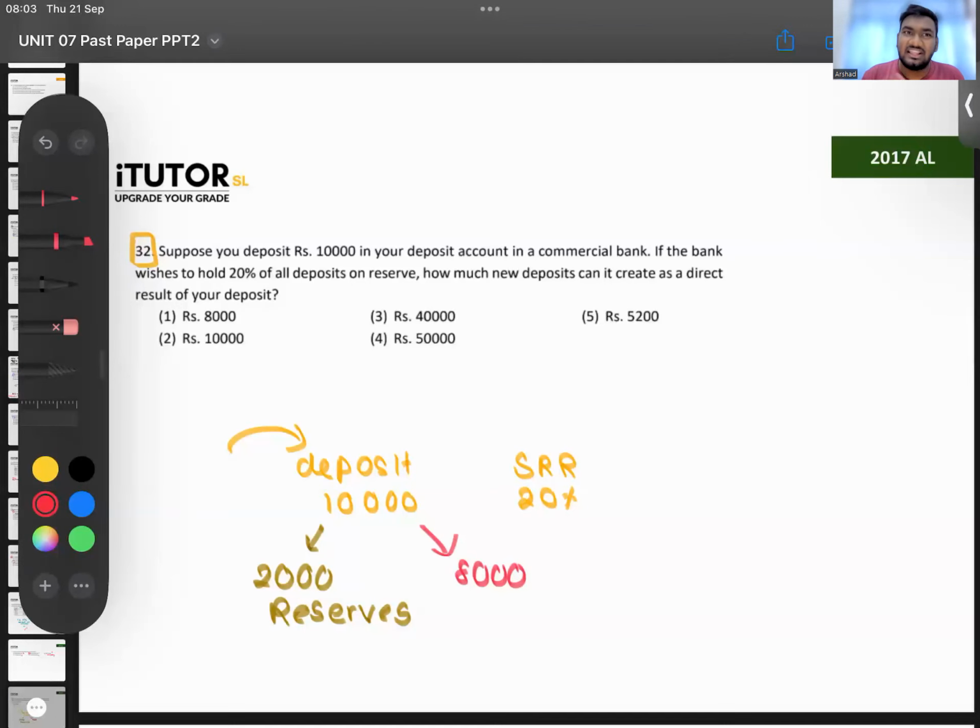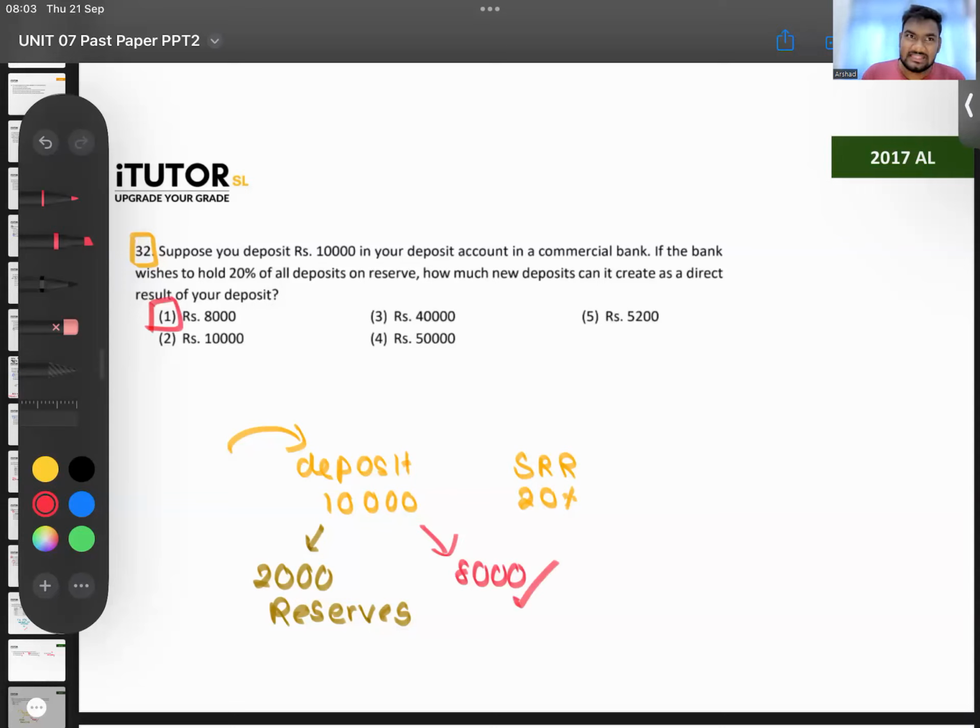They can give out that 8,000 as loans after keeping 2,000. So that 8,000 will go as a new deposit to another bank. So that is your answer. Fine, guys. Are you all okay with that? Okay.